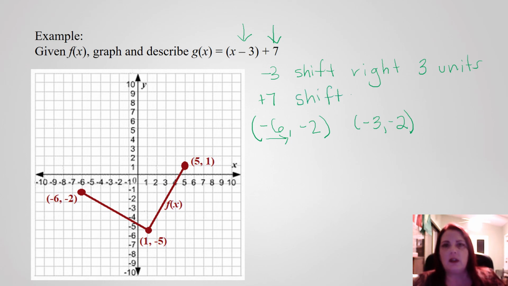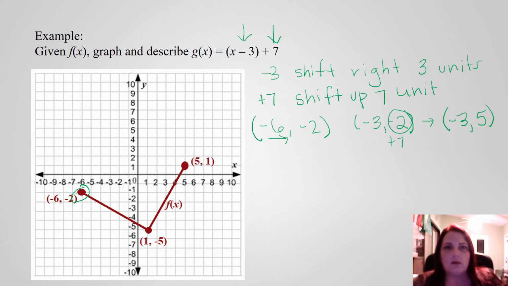Shift up 7 units. So that means this one is going to be added to 7, so I'm going to have negative 3, 5. So this point here gets shifted to negative 3, 5.